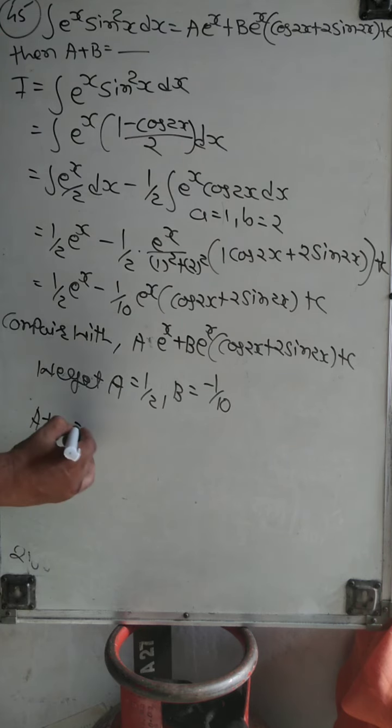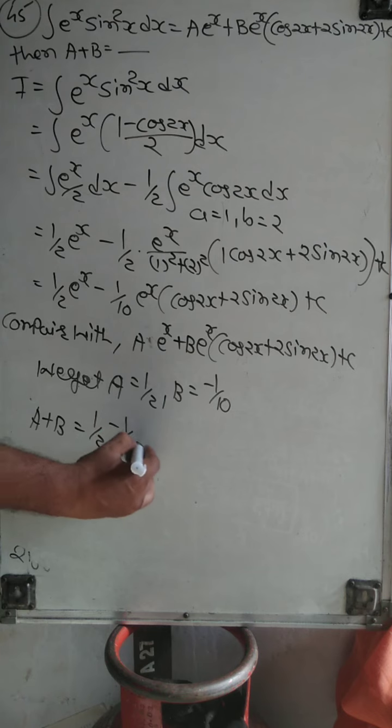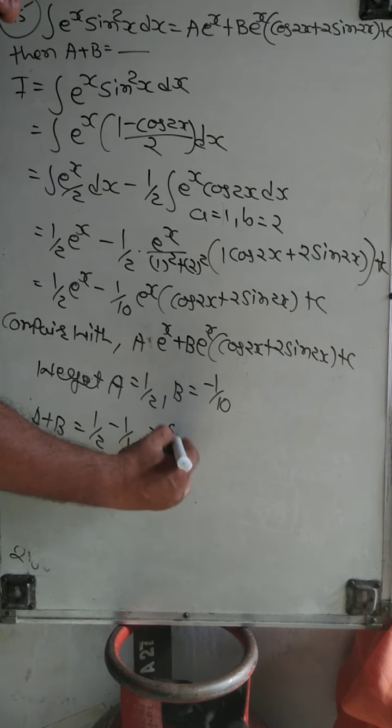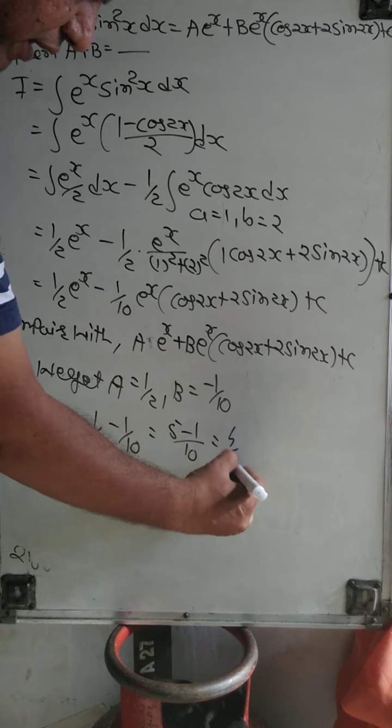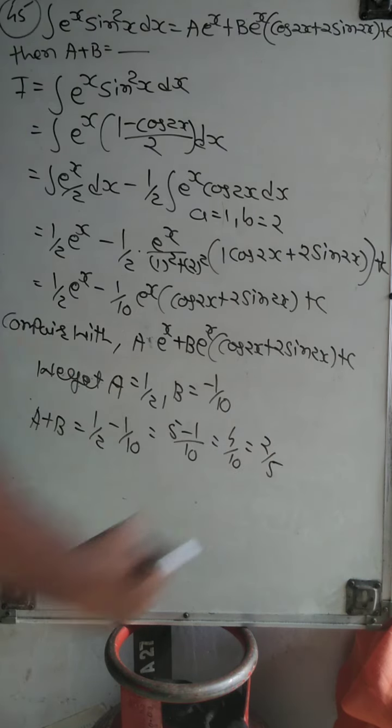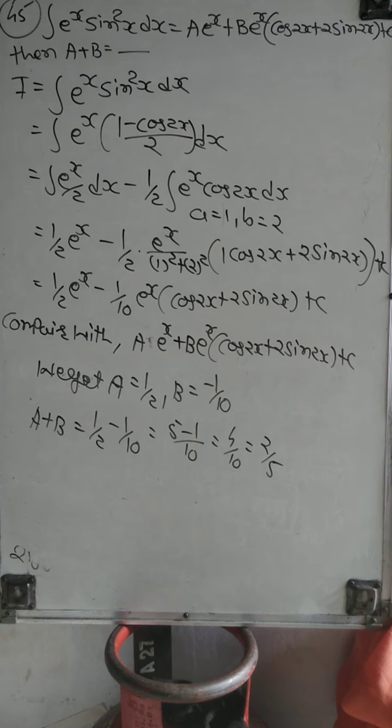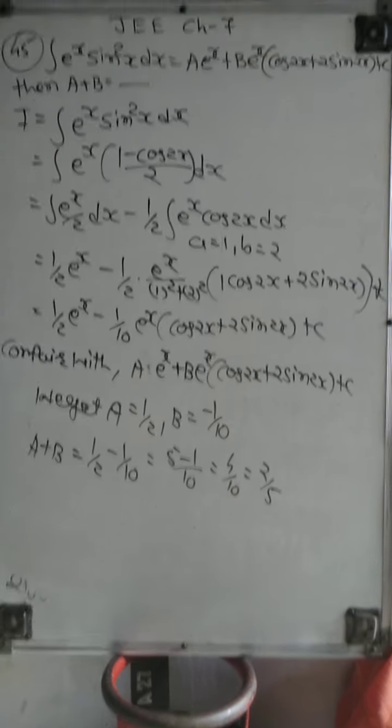Therefore a plus b equals 1/2 - 1/10. It is (5 - 1)/10, it is 4/10, or 2/5. So a plus b is 2/5. This way we can obtain the answer.